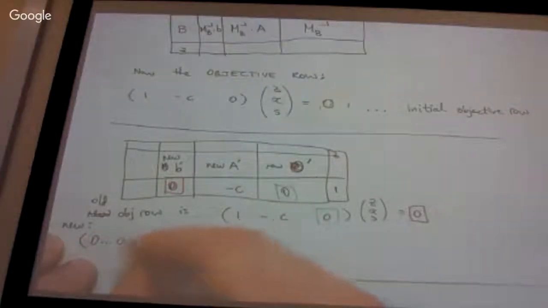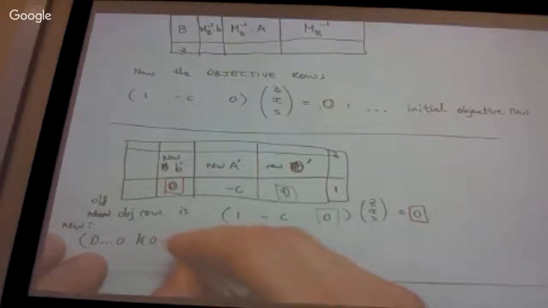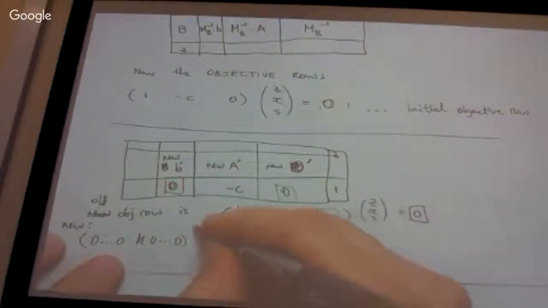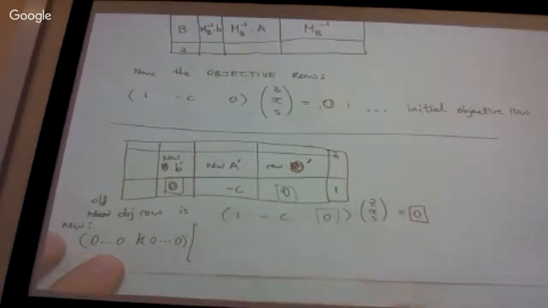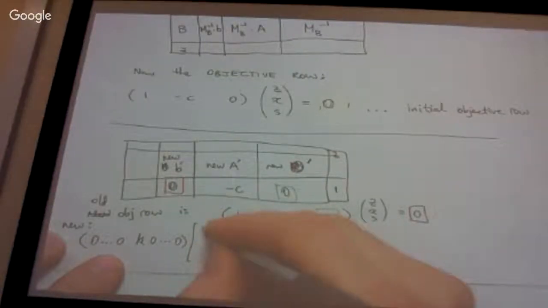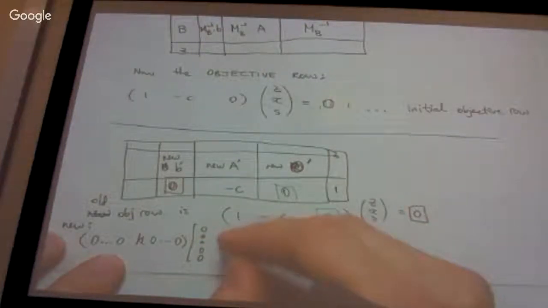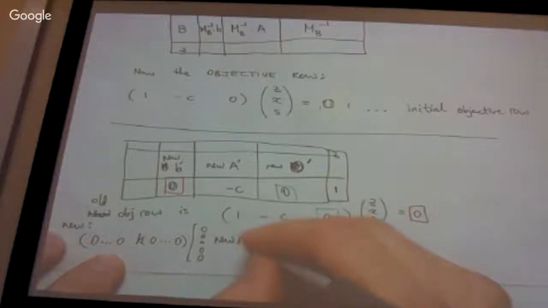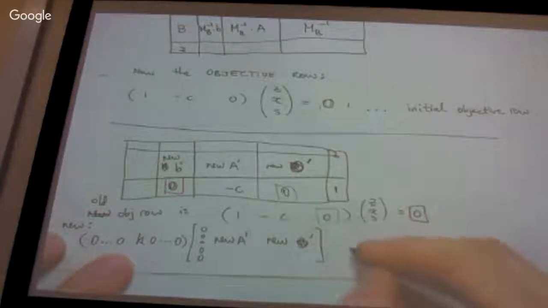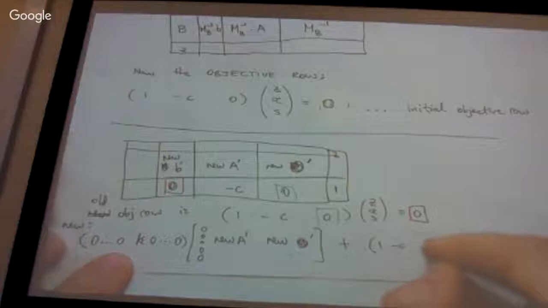Somewhere here there's some number k, and there's plenty of zeros, times all zeros, new dash, new something dash, plus what it was before.